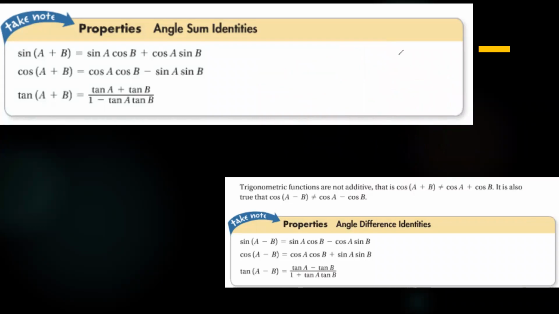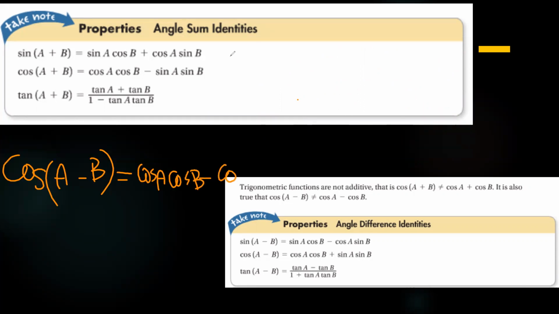Now for the cosine. Remember that I told you for sine and tan, you keep the signs as they are. But for the cosine, no, you will write its opposite. If you have cosine of A minus B, we say that it is cosine of A cosine of B, plus sine of A sine of B. And if we have cosine of A plus B, here we have plus.